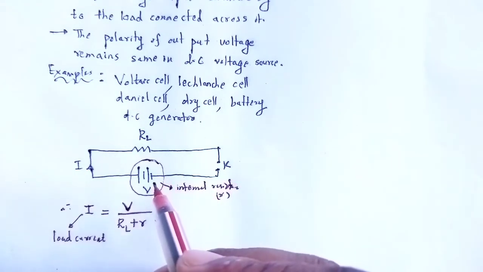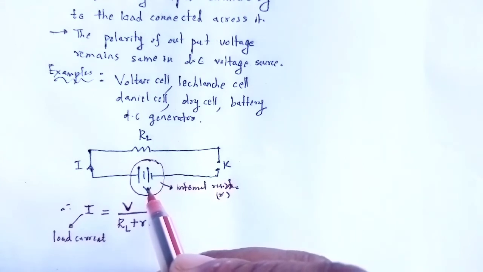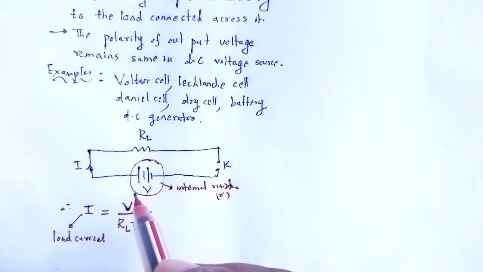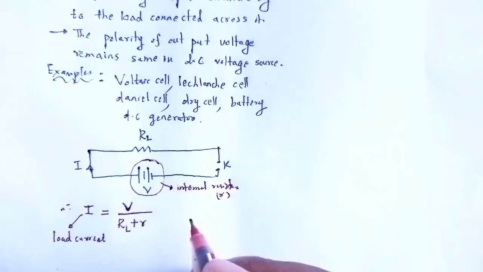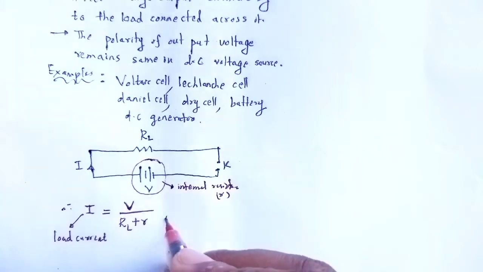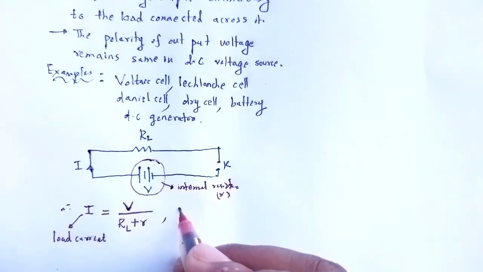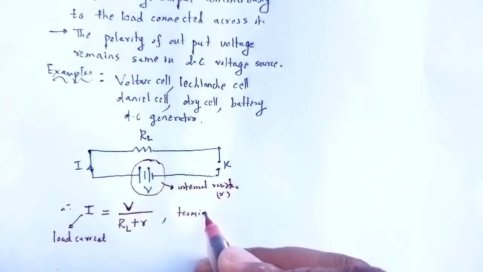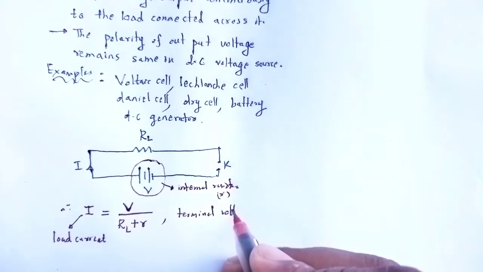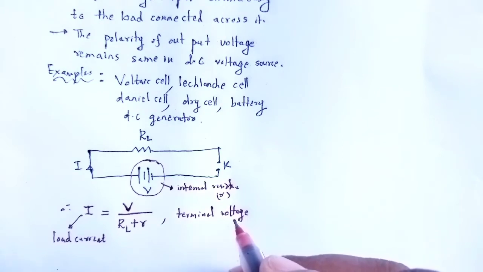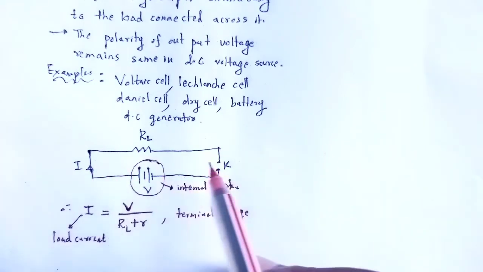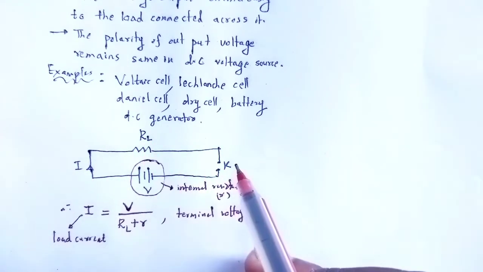and the terminal voltage across the load resistance is V. So the terminal voltage is the voltage across the load resistance.